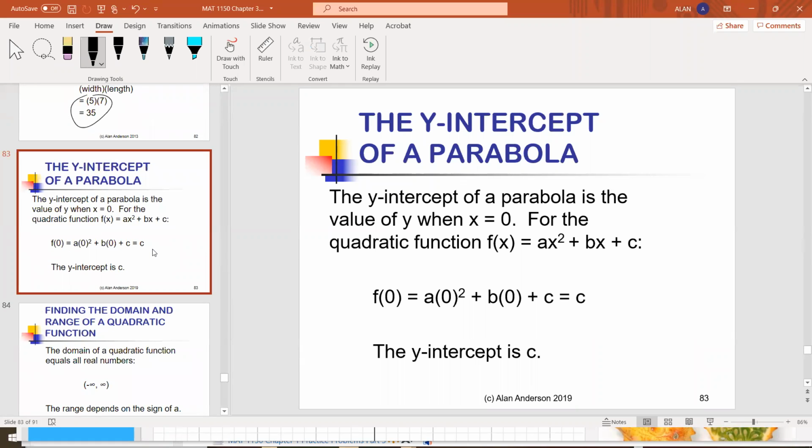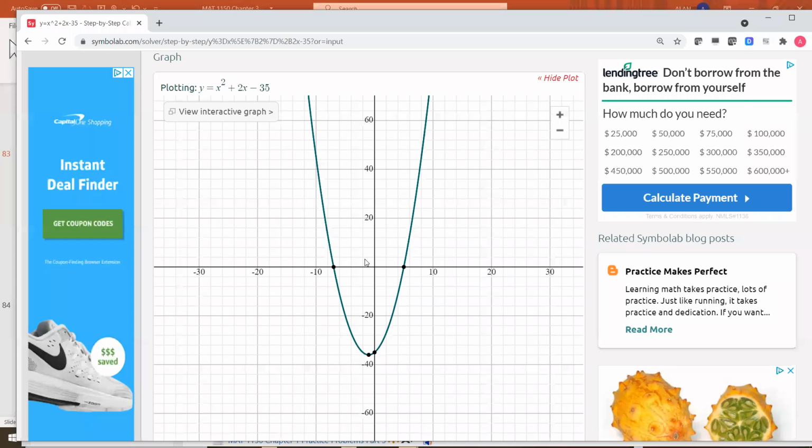What you're going to do, and it's so simple, it's almost ridiculous, is find the value of this parabola when x equals 0. So in other words, all you have to do is replace all those x's with zeros. And in fact, it's just the constant. Wow, that's easy.